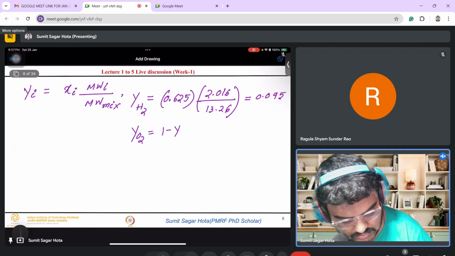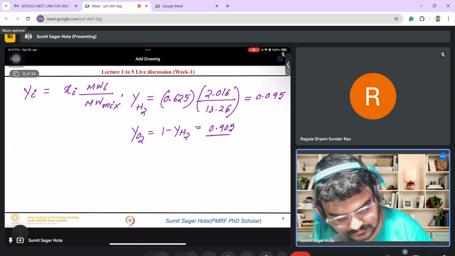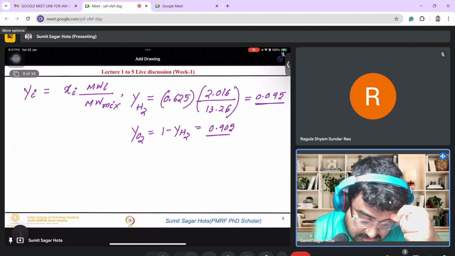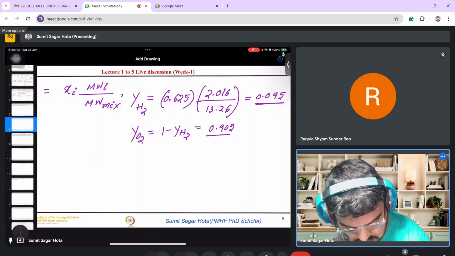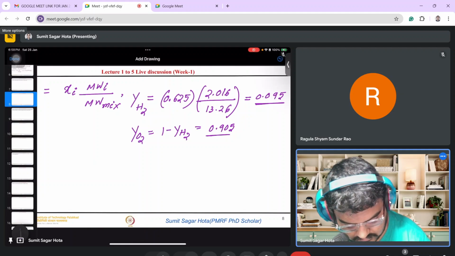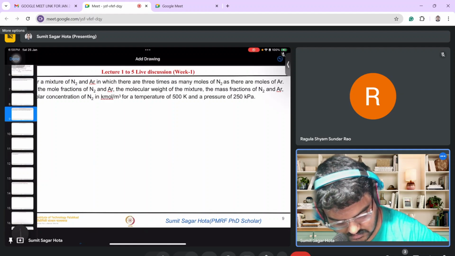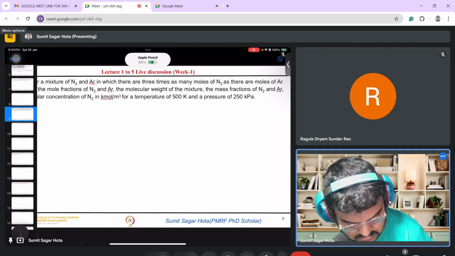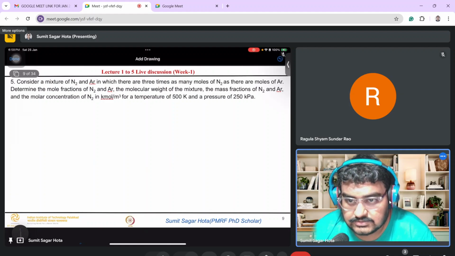It is 1 minus y of H2. So this is the answer for y of H2 and y of O2. Now we can go to the next question.